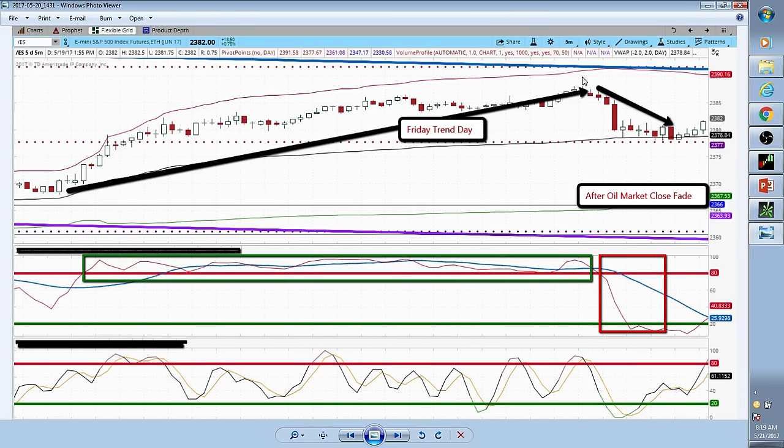And then after the oil market closes, look for traders taking profit. And that's it. If you want to use the signal in the future, feel free. It works very, very often, and it's a chance for you to make some good money.